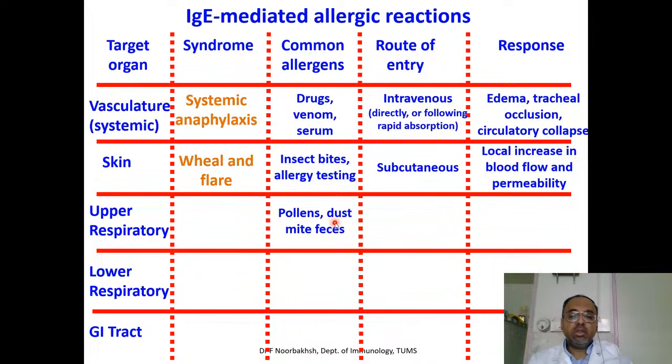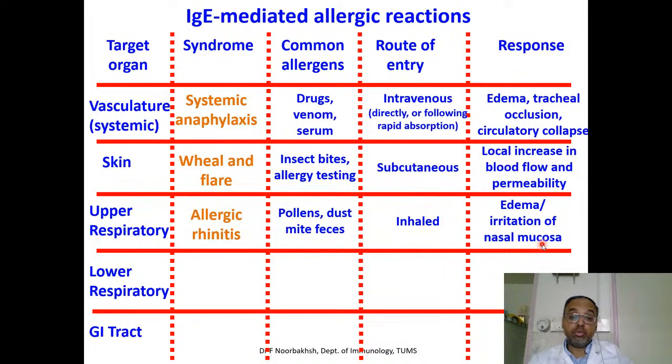If you have things like pollens or dust, or sometimes some derivatives from tiny arthropods called mites, which are inhaled, and they are restricted to the upper part of the respiratory system, so to the nose, nasal cavity, pharyngeal area, and upper parts of the trachea, then you have edema or production of excess mucus in the upper parts of the respiratory system.